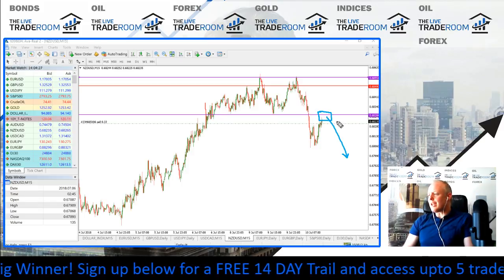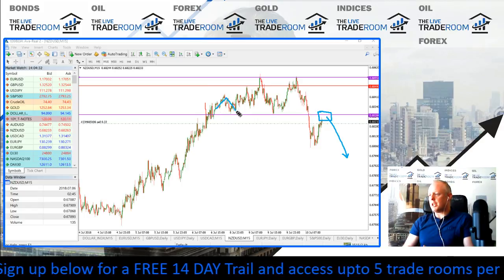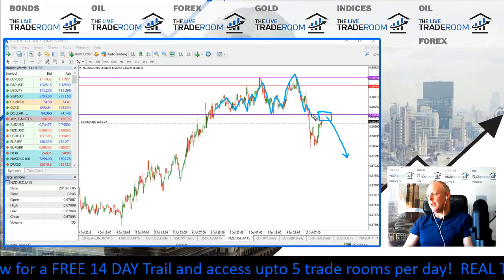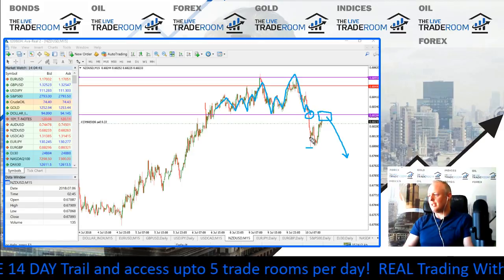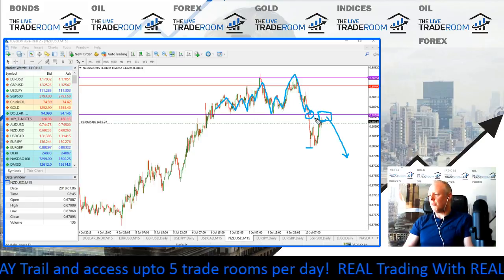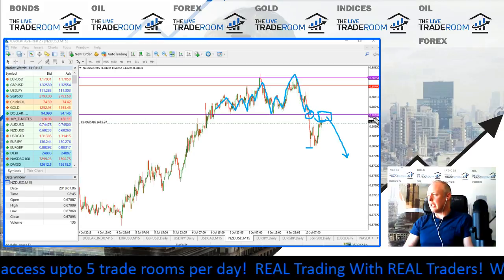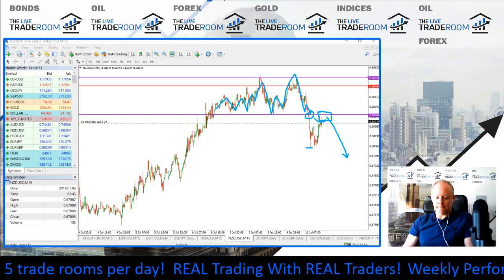So that's the trade. We've been in a period of consolidation for quite a while, as you can see, and then we get the breakout to the downside. So that's the first fantastic opportunity to the downside, and now we're looking to get the second opportunity very, very close to the 68.28 level.